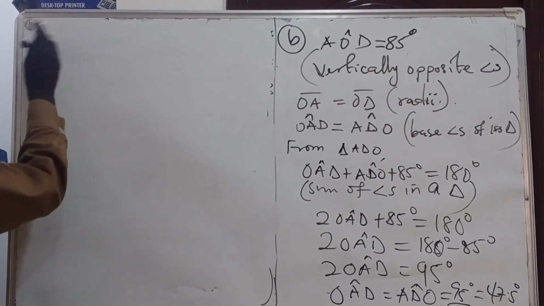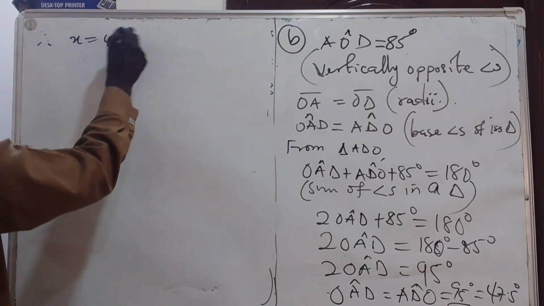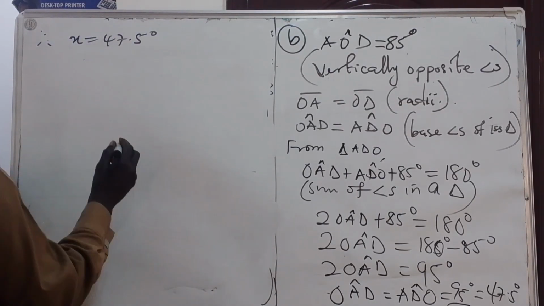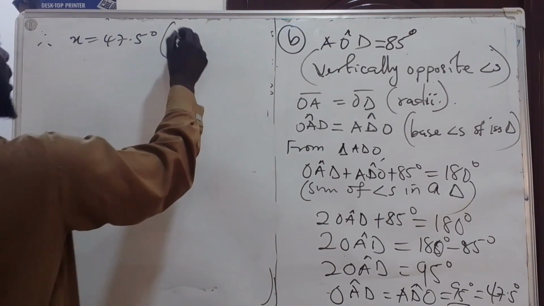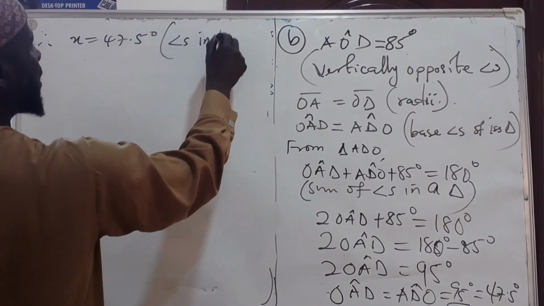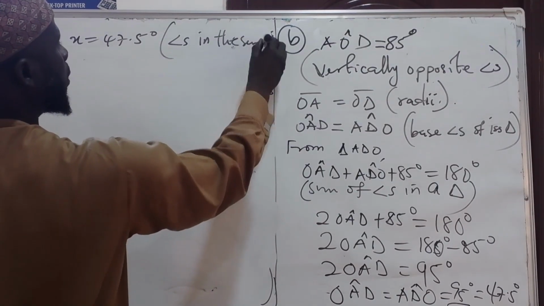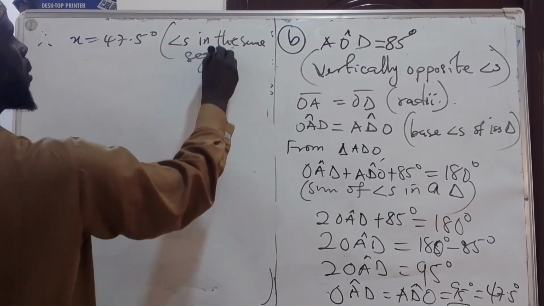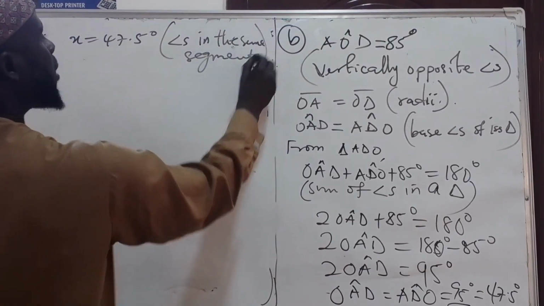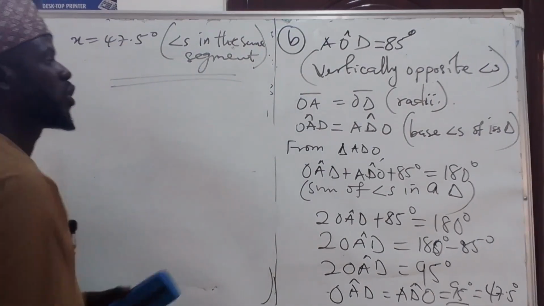Therefore, x is equal to 47.5 degrees. Reason, angles in the same segment are equal. And that is the solution of the problem.